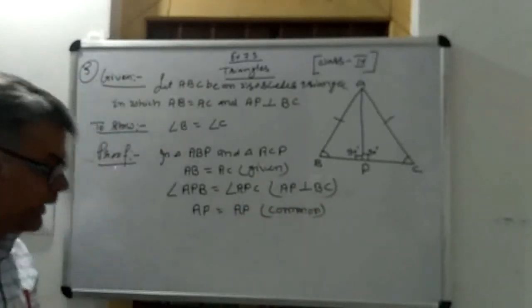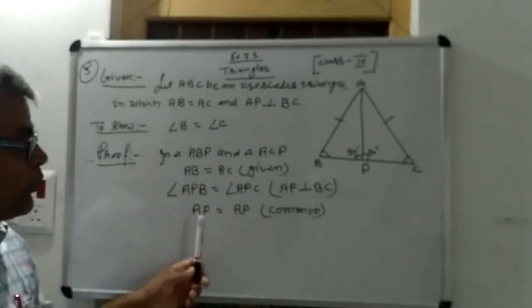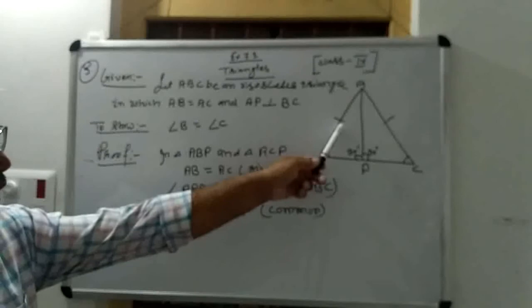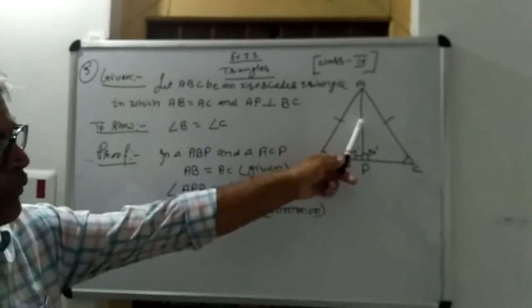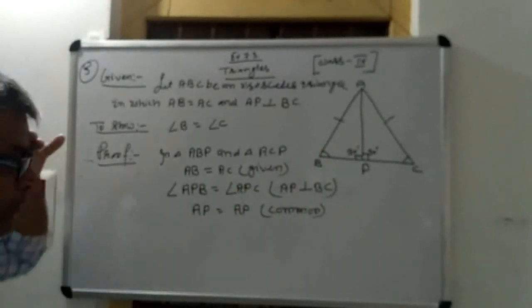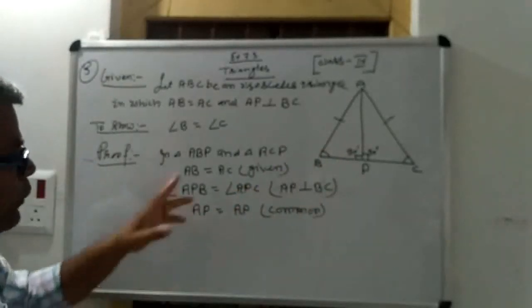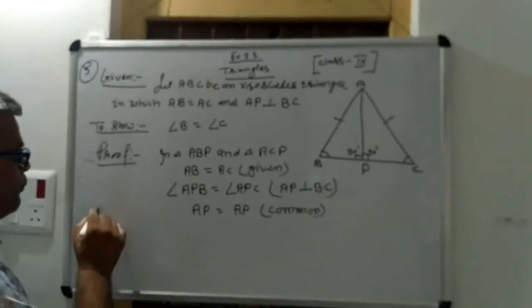So again you see that in this condition also, by RHS congruency rule, this is your hypotenuse, this is your right angle, and this is one side of the right triangle. So by the condition of RHS, you may call these two triangles congruent.